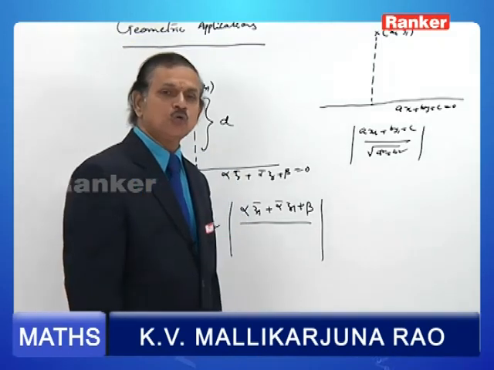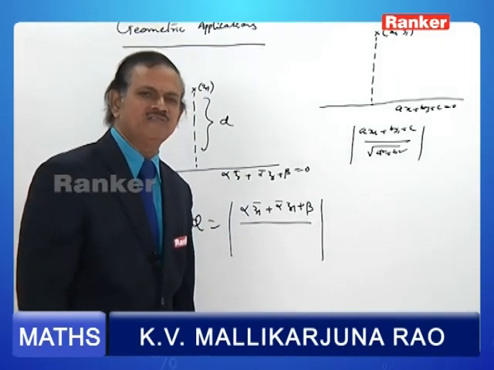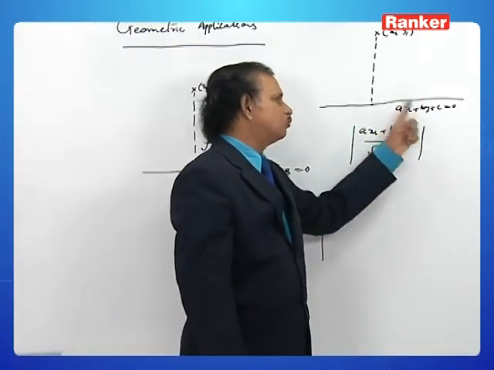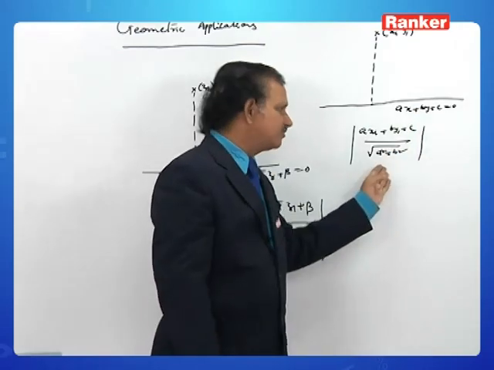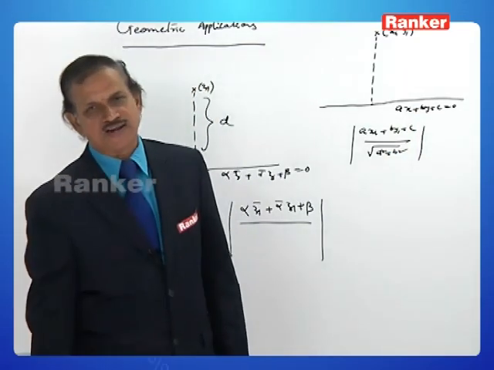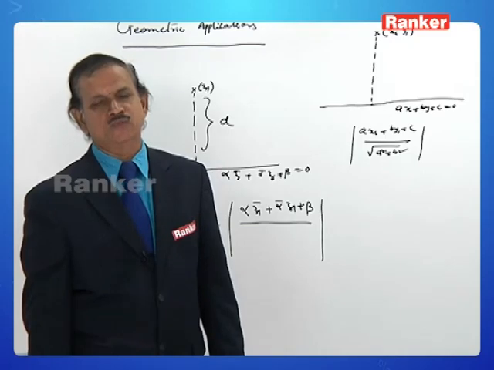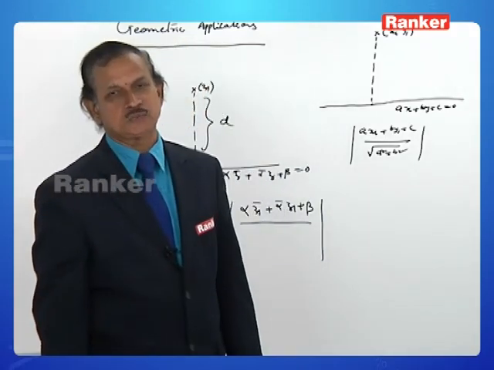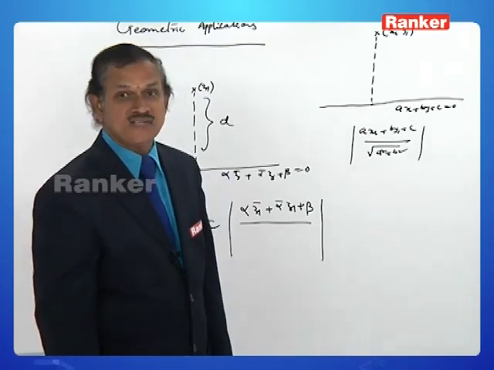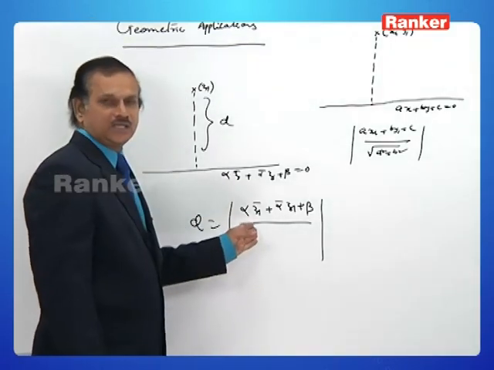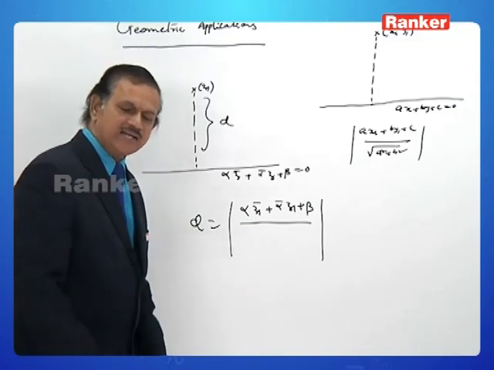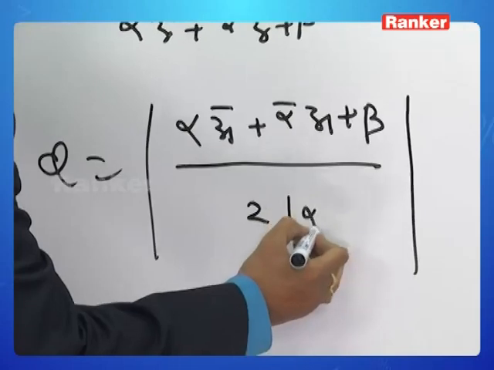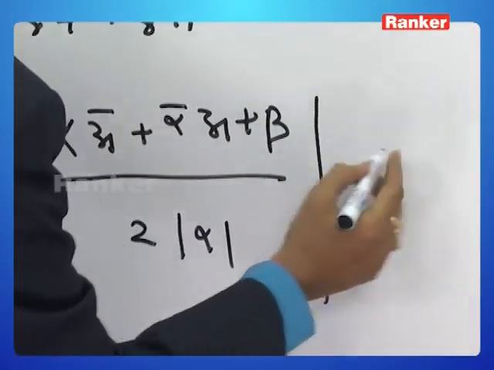It is nothing but 2ax plus 2by, isn't it? Okay, if you have 2ax plus 2by here, what is the denominator? Root of 4a square plus 4b square. If you take 4 out, 2 into root of a square plus b square. What is root of a square plus b square in this instance? Is it not mod alpha? Of course, hence it is 2 into mod alpha. So many units.